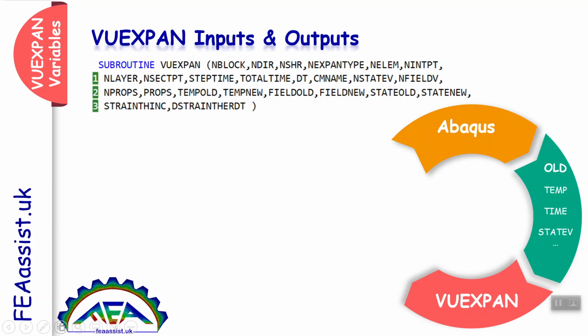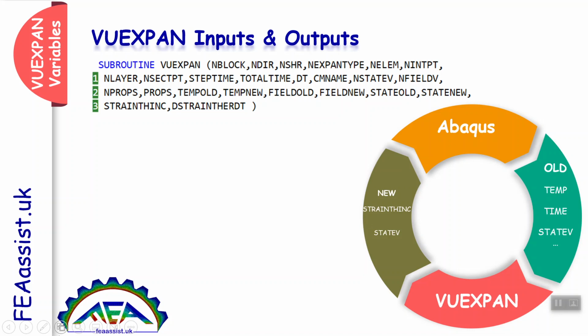In VUXpand subroutine, we need to process these variables and compute new variables like strain increment, the thermal strain increment, state variables, and all the outputs, and return these outputs back in the Abaqus.